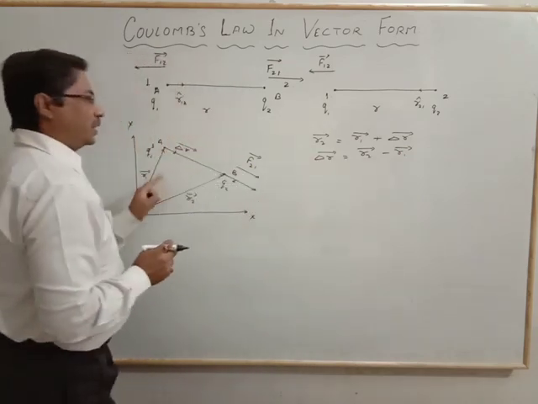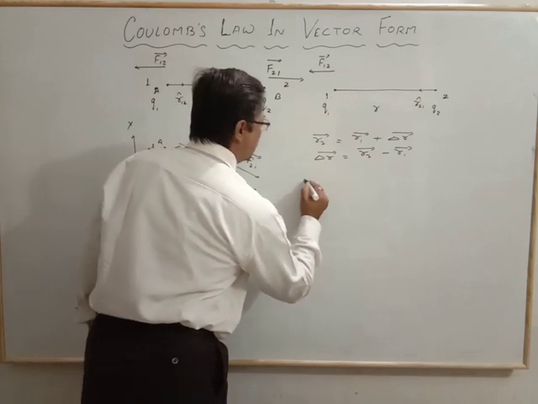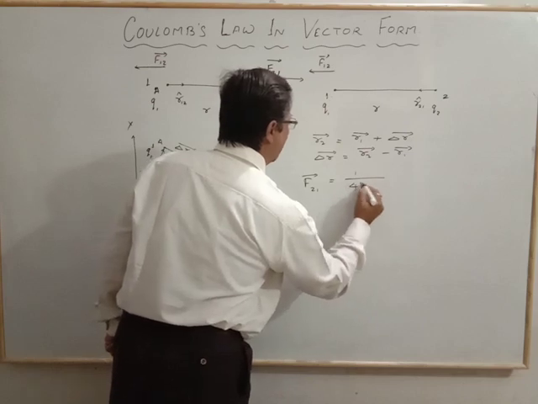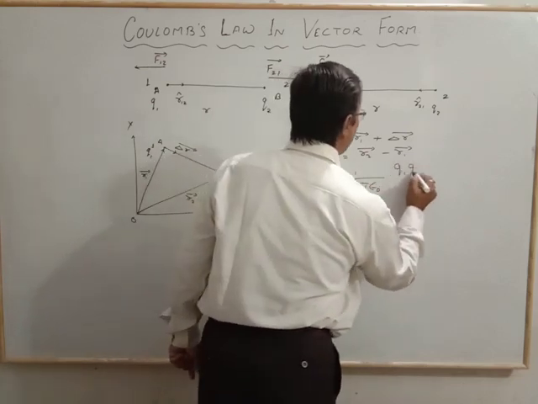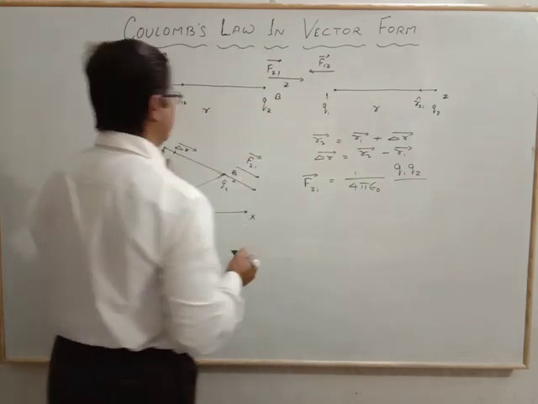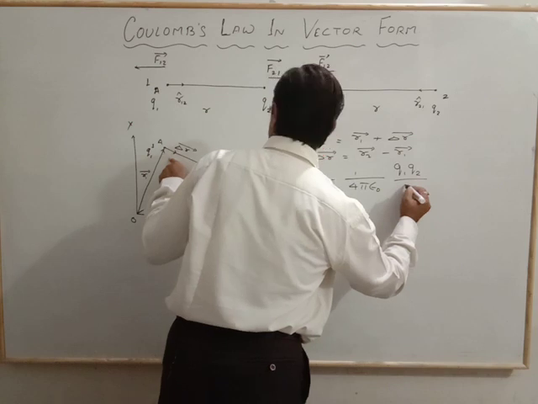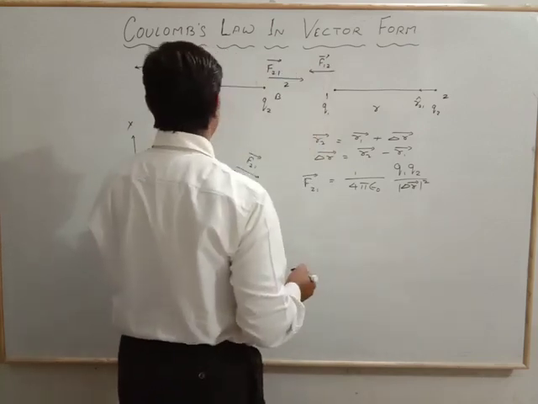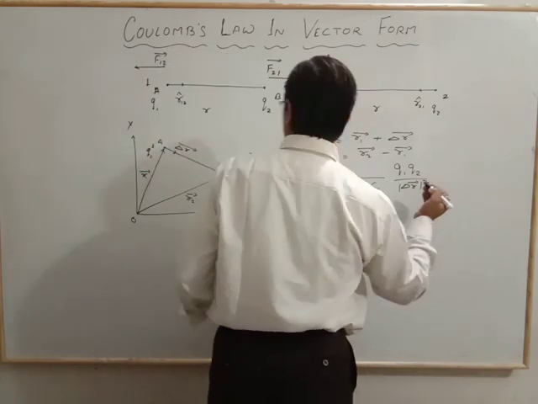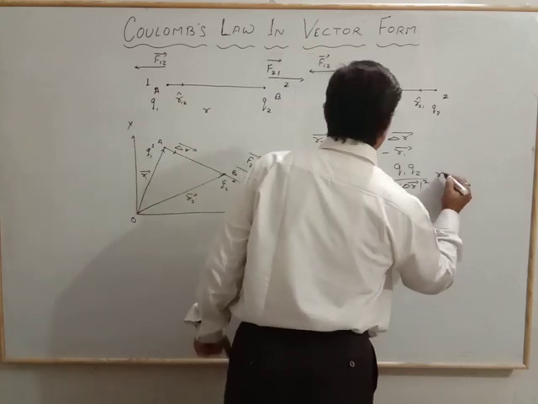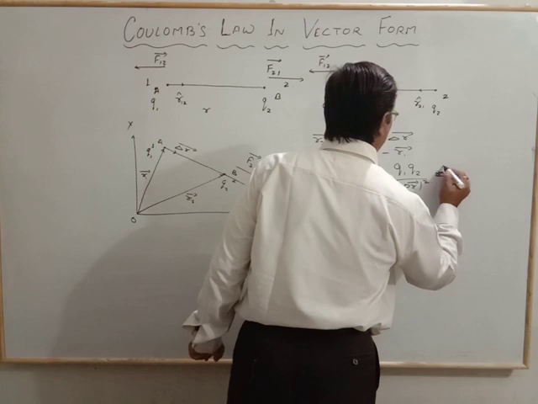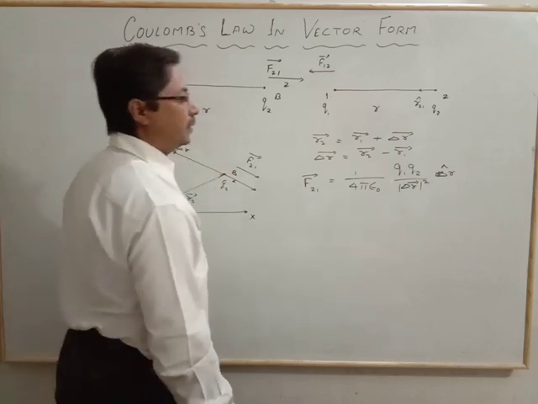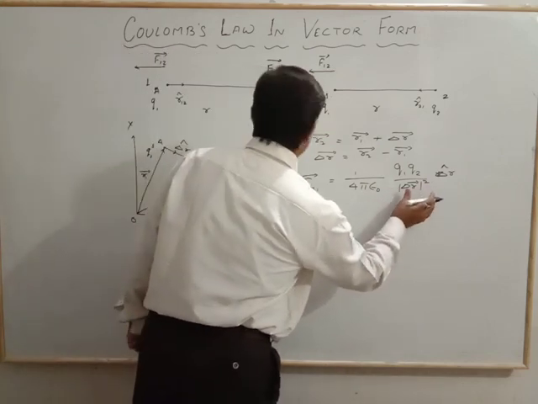So with the position vector, how will we write the force F21? It is equal to 1 by 4 pi epsilon naught q1 q2 by r, the distance AB, squared, that means delta R vector whole square, into the unit position vector from A to B, the delta R unit vector.